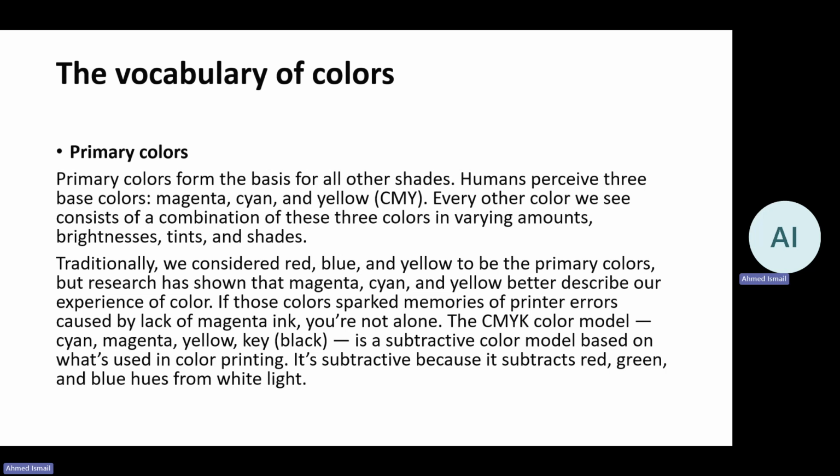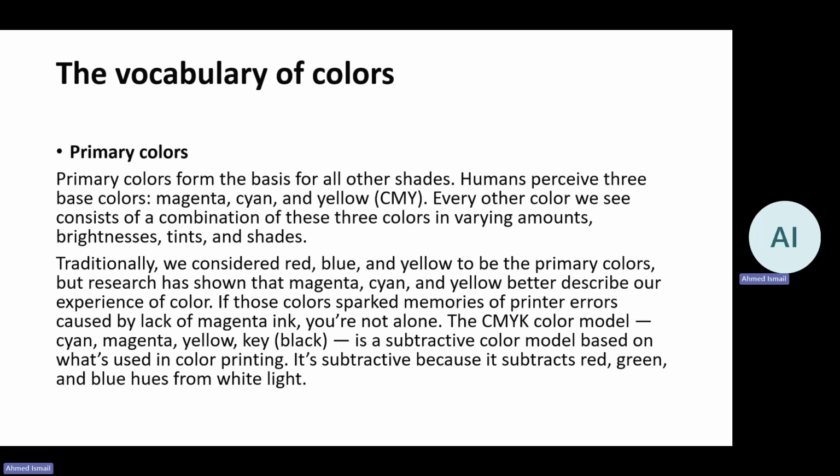So now the lecture today is the vocabulary of colors, and why are we studying these basic vocabulary? Because it's very essential and important to every one of us that we should know these vocabulary of colors.